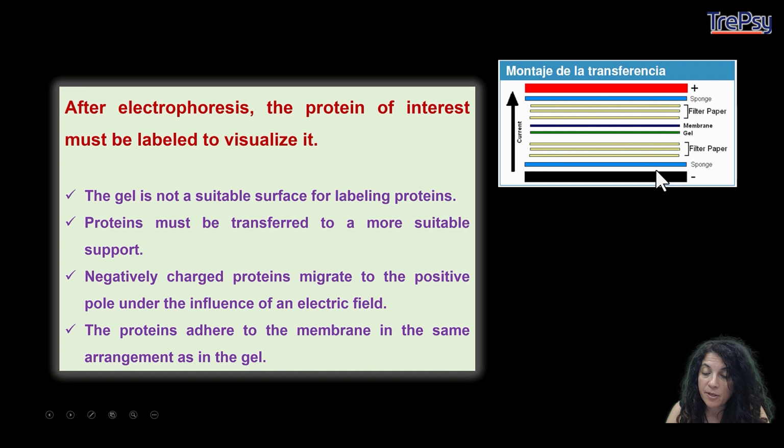The protein migration is from the negative pole to the positive pole. You can see the proteins are separated here in my gel, and I can see the same in my membrane. The proteins adhere to the membrane in the same arrangement as in the gel.